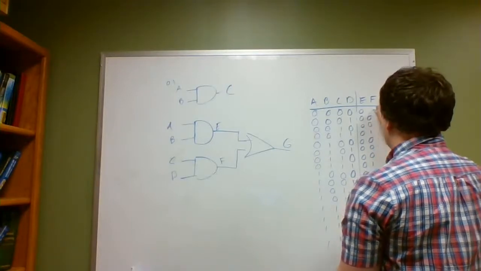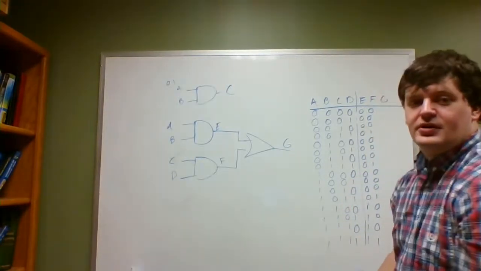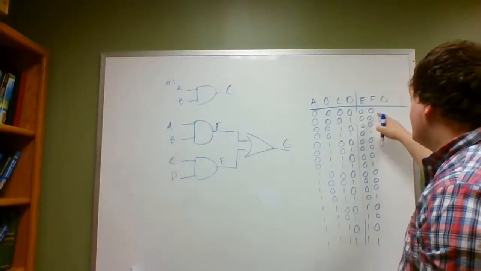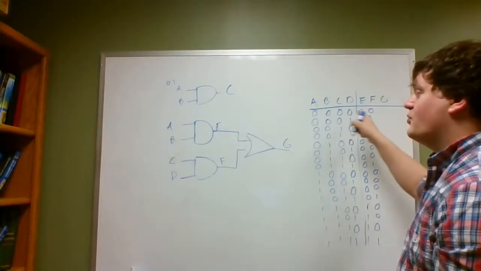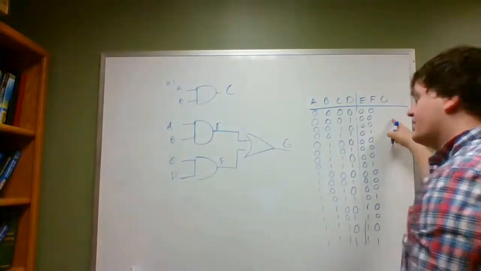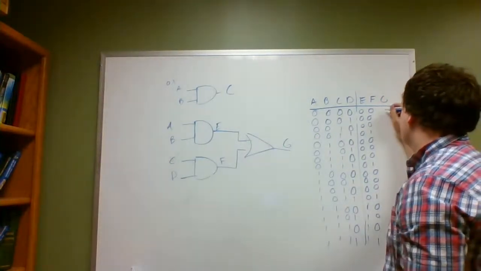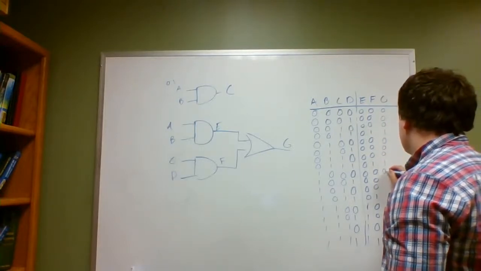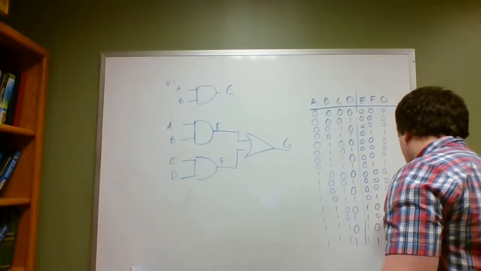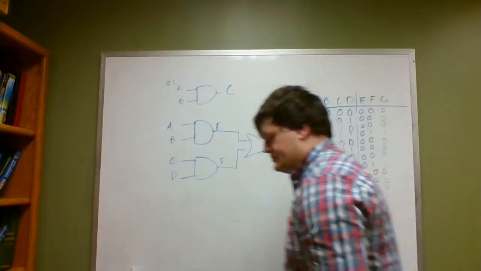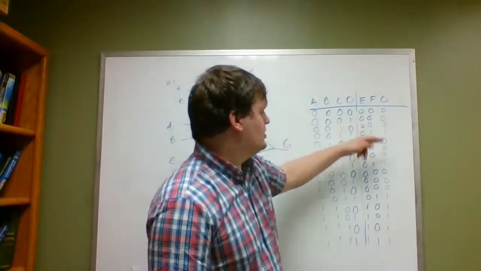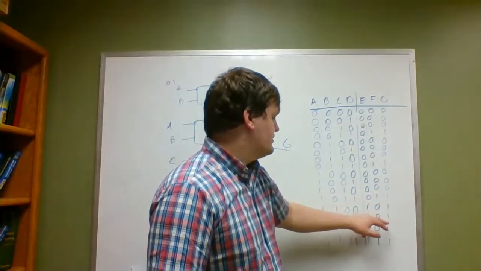Okay? And then G is if we have a 1 in either F or E, we get a 1 here. So here this is 0, 0, 0, 1, 0, 0, 0, 1, 0, 0, 0, 1, 1, 1, 1, 1. Okay? How many 1s do we have total in this column? 1, 2, 3, 4, 5, 6, 7.